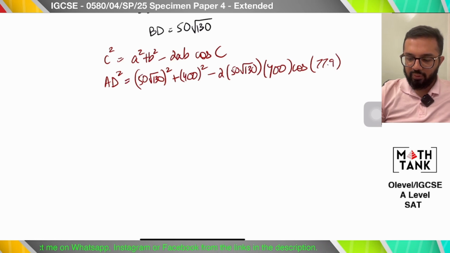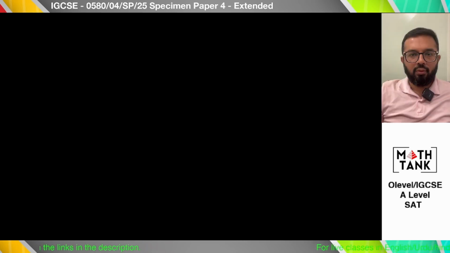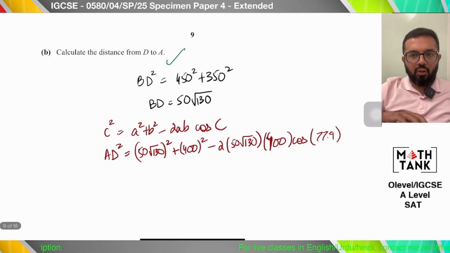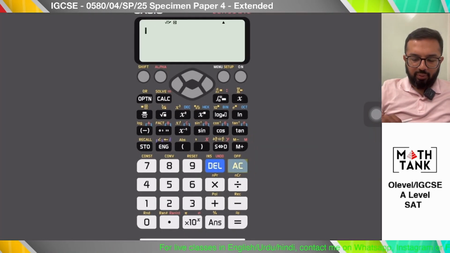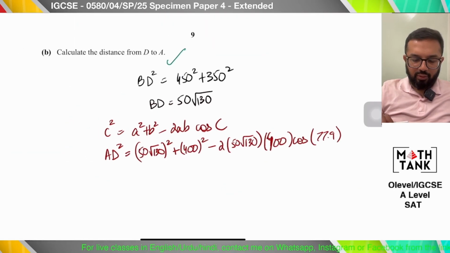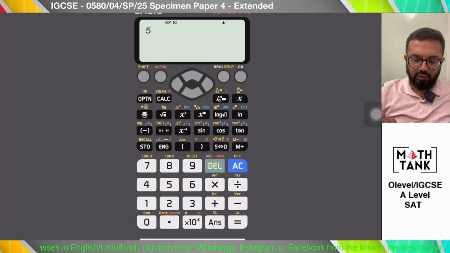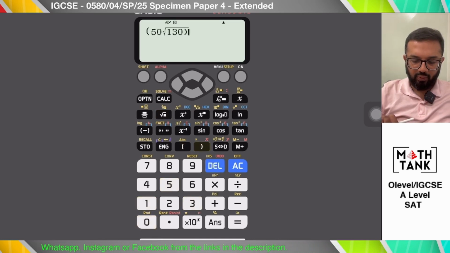I'm going to punch all of that on my calculator in one go and see. So on my calculator, I'm going to type out the entire thing, which is 50 root 130 squared plus 400 squared minus 2 times 400 times 50 root 130 into cos of 77.9.